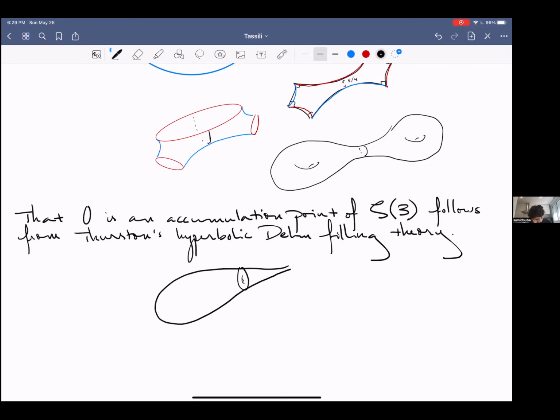In practice, a torus somehow becomes a closed geodesic, and as you go further in this sequence of manifolds that are approaching this thing, the systole will be, I mean, this core geodesic that you're adding will be getting shorter and shorter.